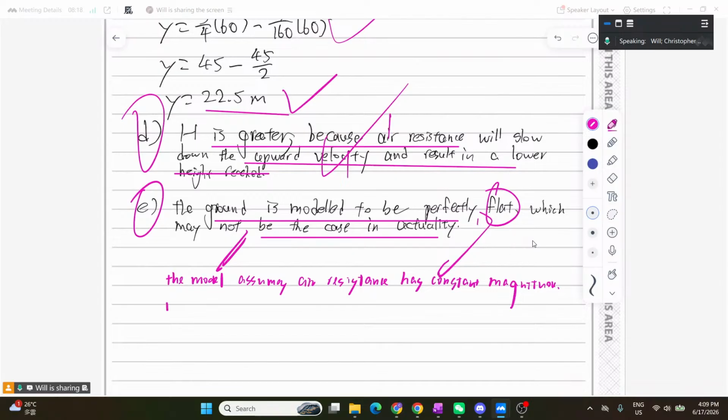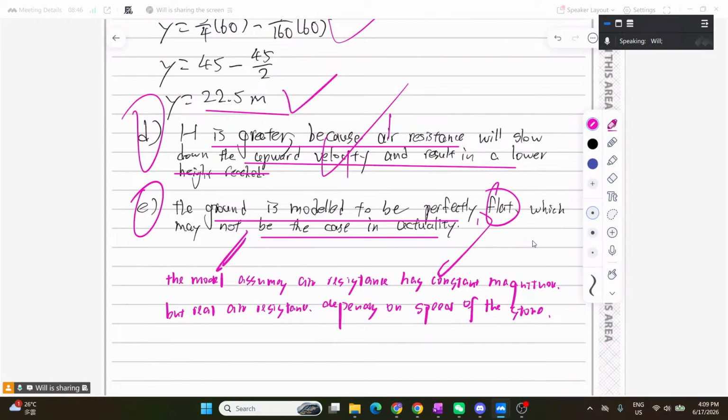No problem. But we need to mention that in reality, the real air resistance depends on the speed of the projectile, right?